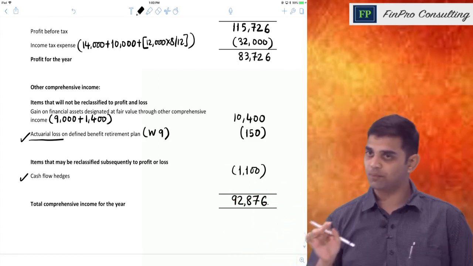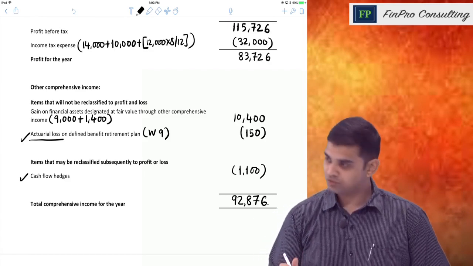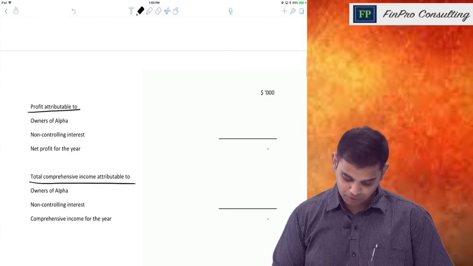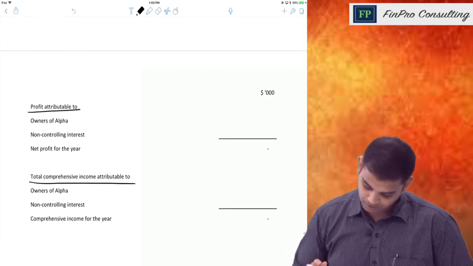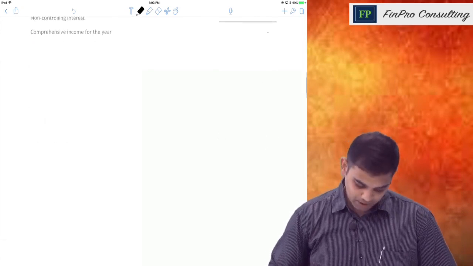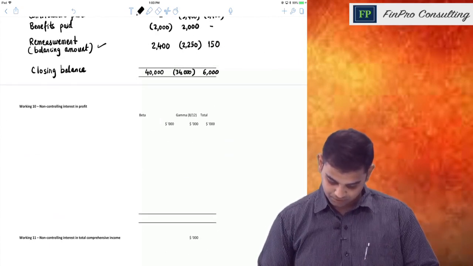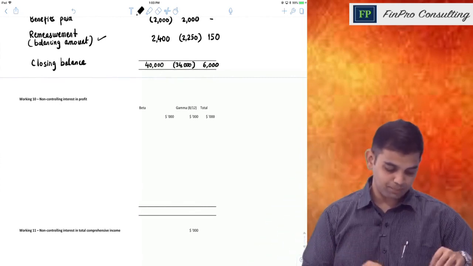and for that we would require a working note, right? So first is I have to divide 83,726, profit attributable to owners and non-controlling interest, right? So go to working note number 10. Now, what should be the starting point?